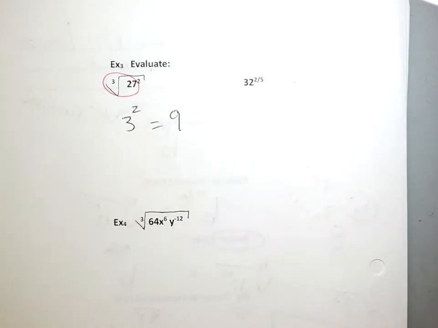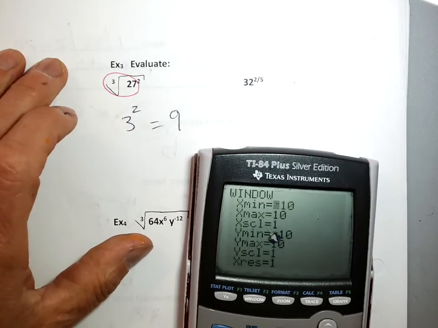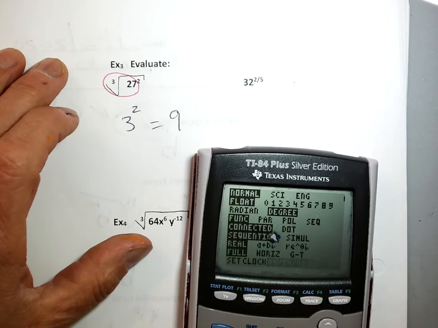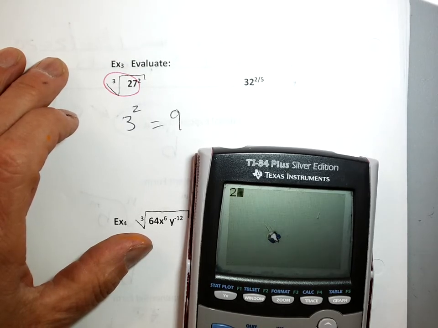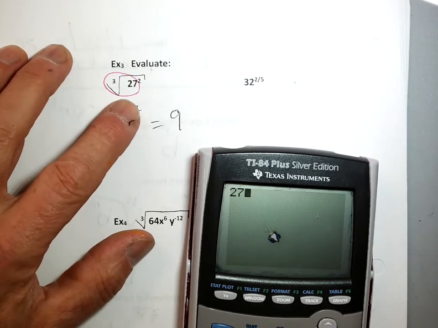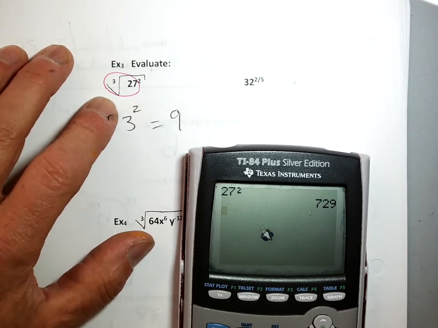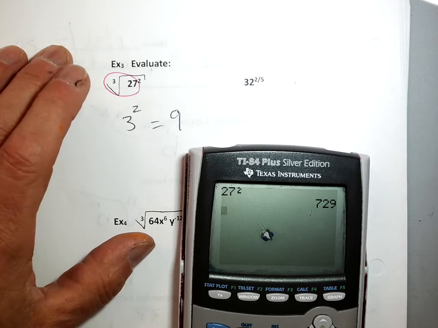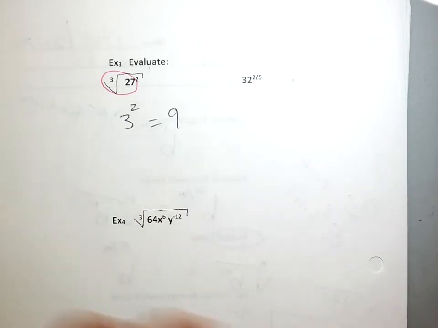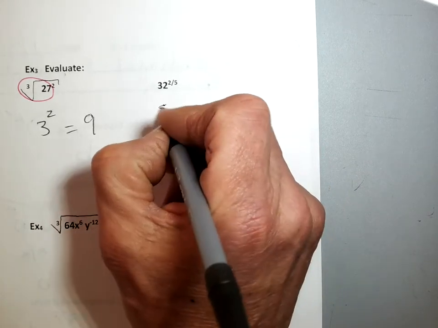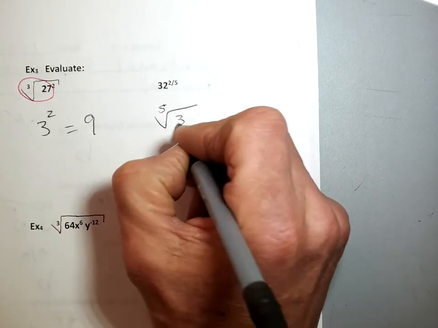If I did it the hard way, which I could say, okay, what is 27 squared? I get an answer of 729, and I need the cube root of that, and, well, let's see, that's got to be 9, right? That's the hard way. Don't do it the hard way. Okay, let's take a look at the second one, 32. That's the 5th root of 32 squared.